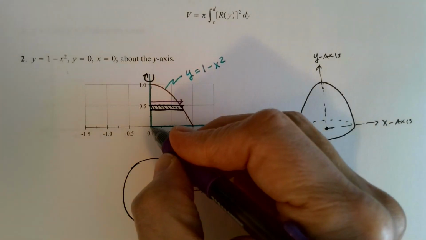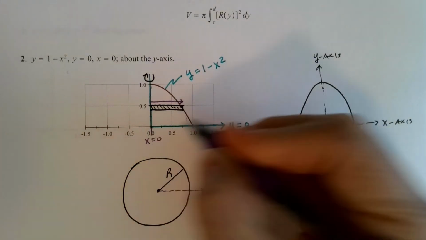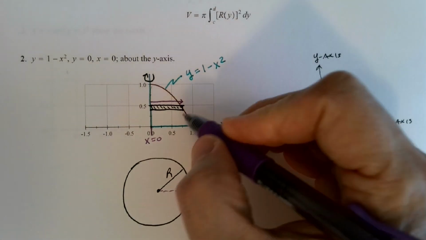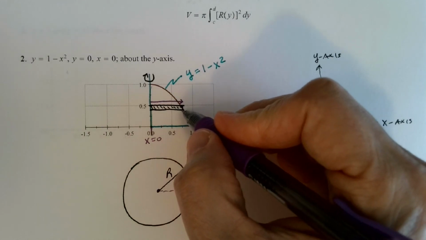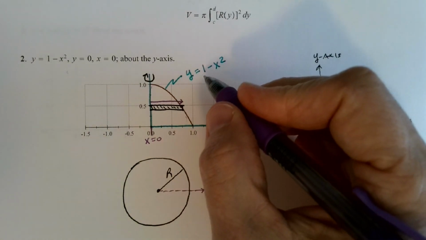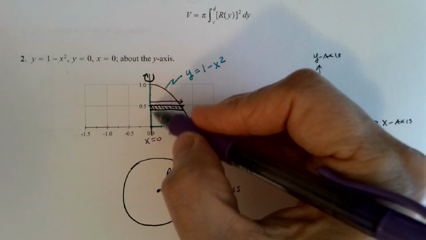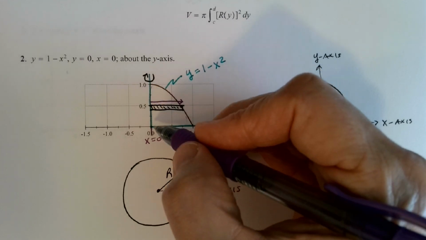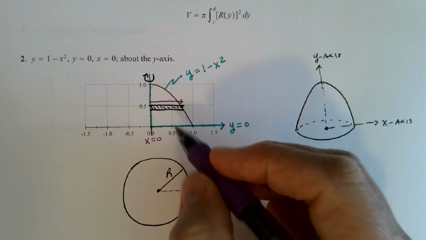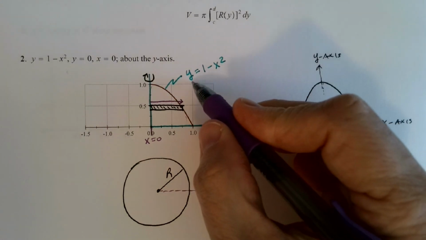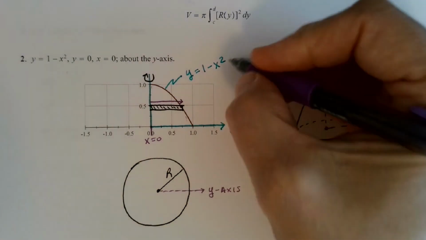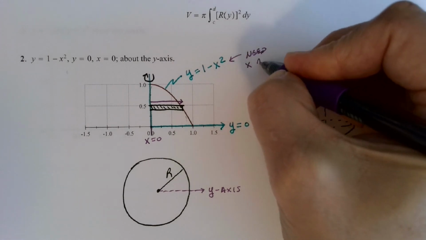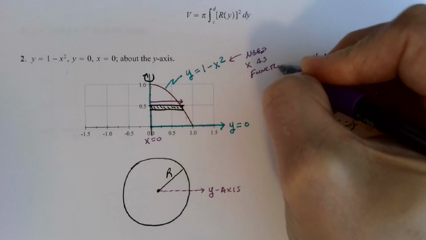Okay, so down here I have x equals 0, and this is y equals 1 minus x squared, but we need it in terms of y, because I'm integrating with respect to y here. So we need x as a function of y.